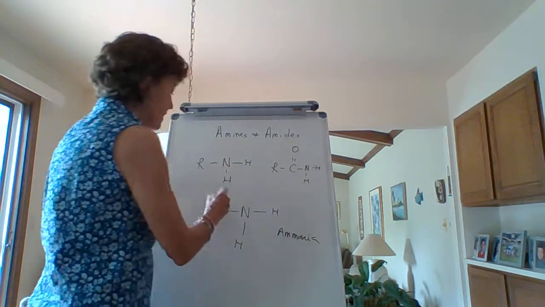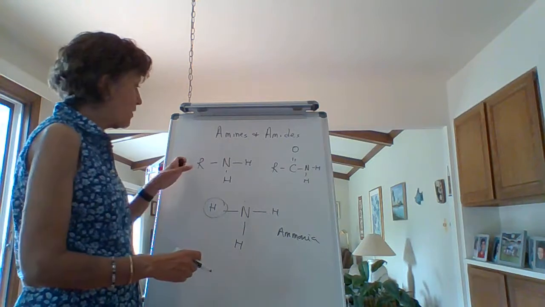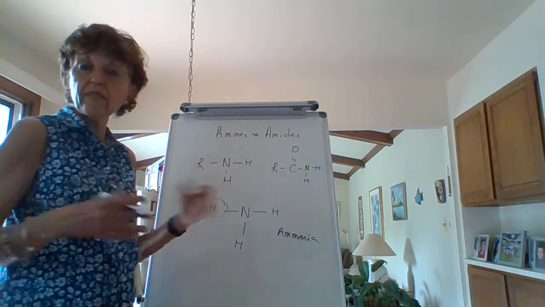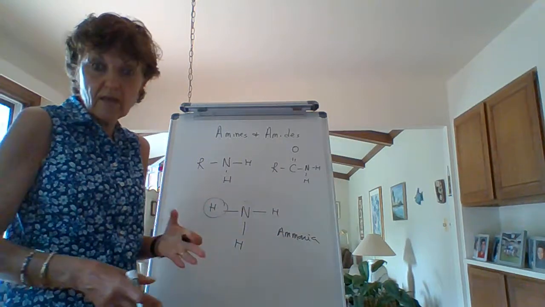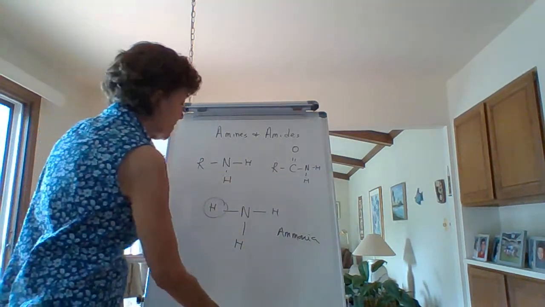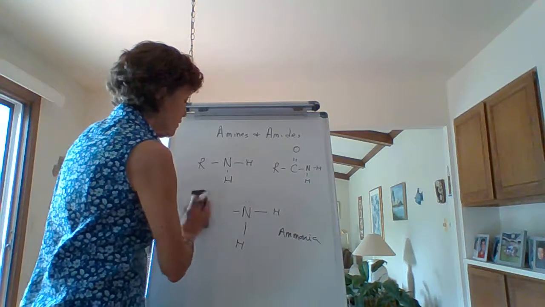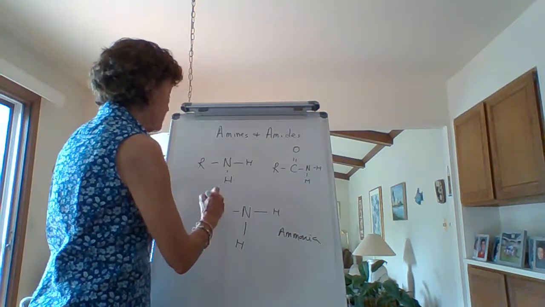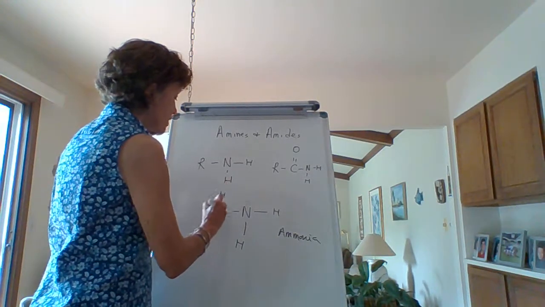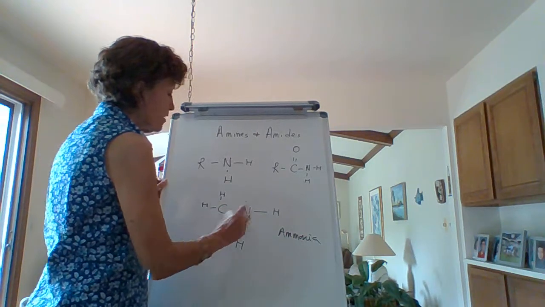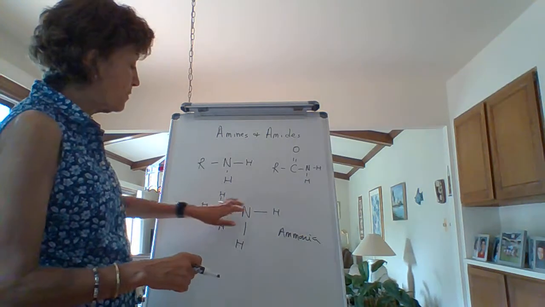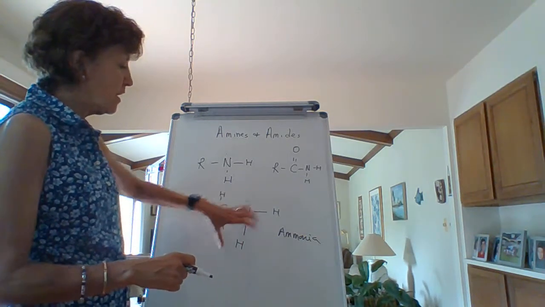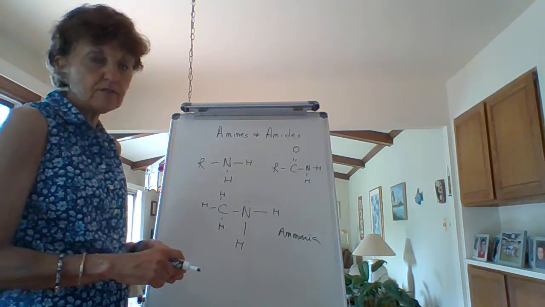But if you replace a hydrogen with an alkyl group, it could be a methyl, ethyl, a 17 carbon alkyl group, anything. You just replace one of the hydrogens, you've created an amine. So this would be the shortest, smallest amine. A methyl group attached to a nitrogen, and the nitrogen has 2 hydrogens.